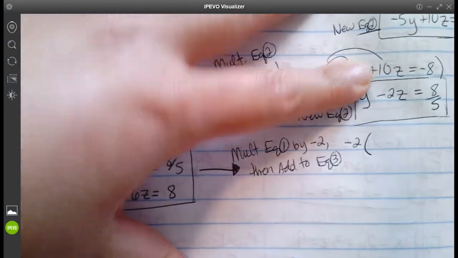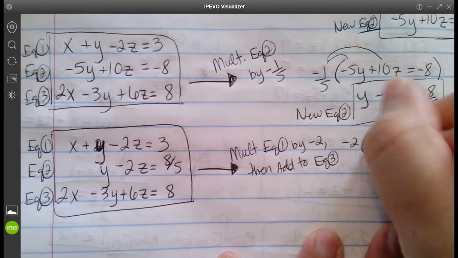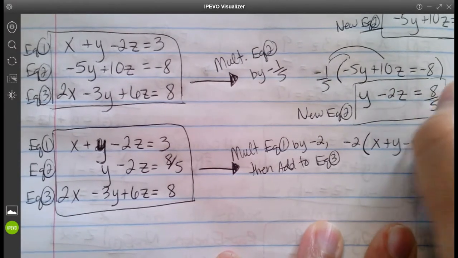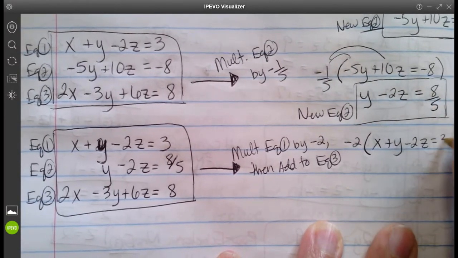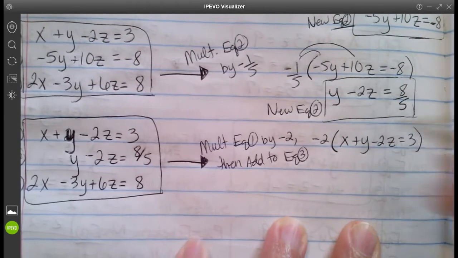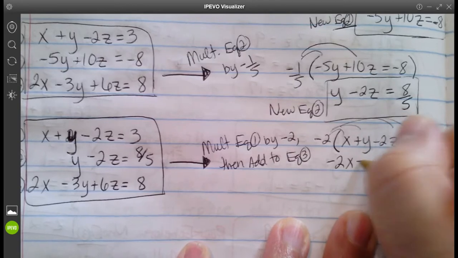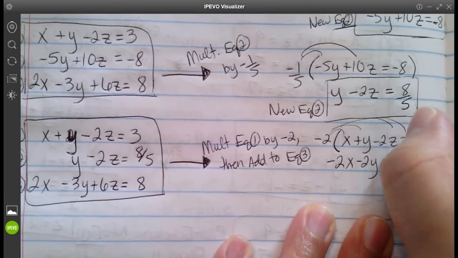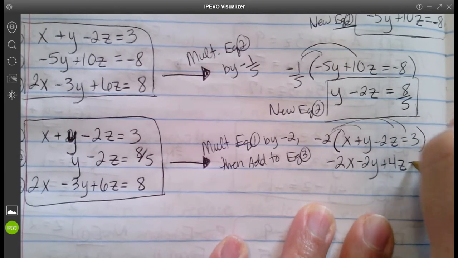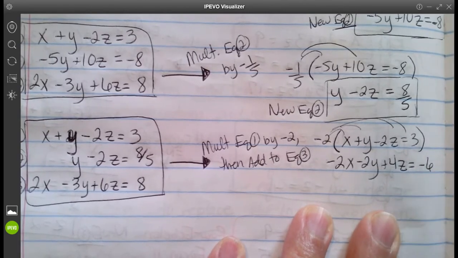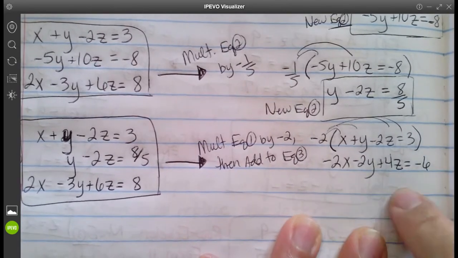Negative 2 times x plus y minus 2z is equal to 3. So I'm just recopying it. And then I distribute that negative 2 to everything. So negative 2x minus 2y plus 4z equals negative 6. Okay, so there's a multiplication.